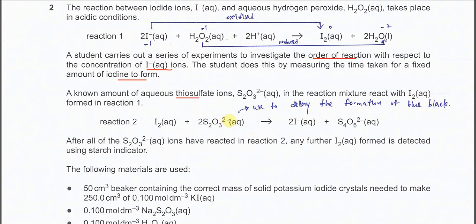It's used to delay the formation of the blue-black, because once the iodide oxidizes to iodine, the thiosulfate will react with the iodine that forms, and this iodine will be reduced back to iodide.